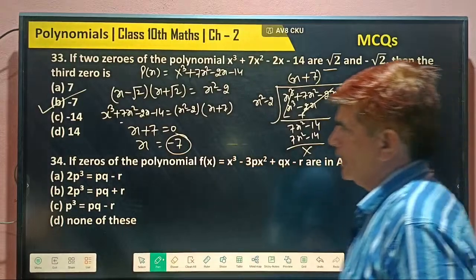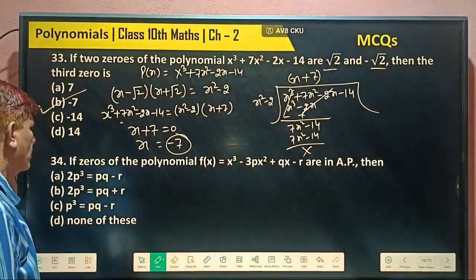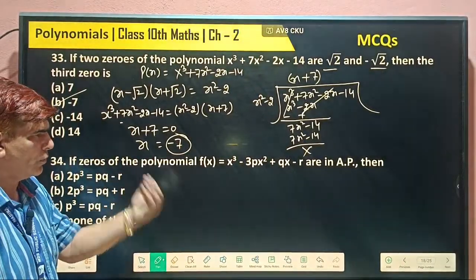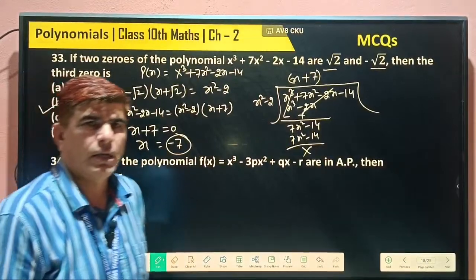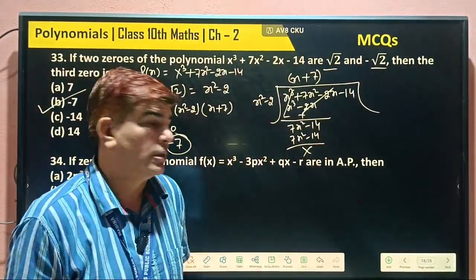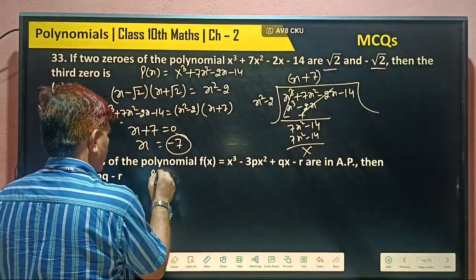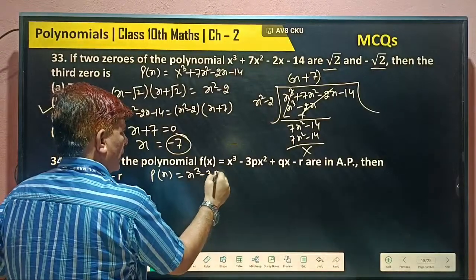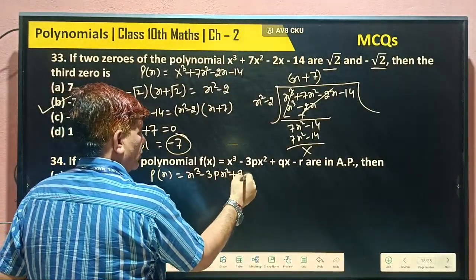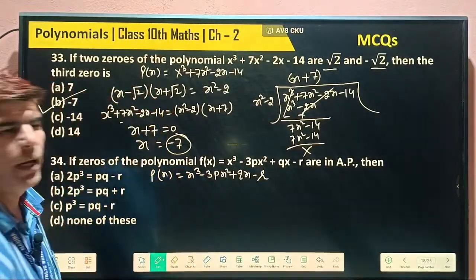Question number 34. If the zeros of the polynomial are in AP, you can understand, they have the same common difference. So we have a polynomial px, x cube minus 3px square plus qx minus r, with zeros in AP.